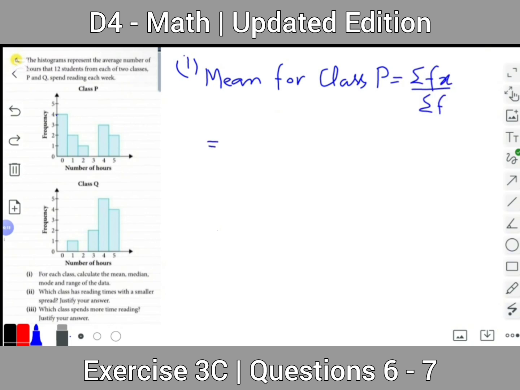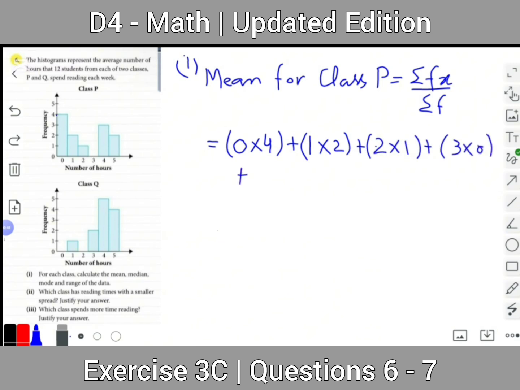Here summation fx means multiplying the data values with the corresponding frequencies: 0 multiplied by 4, plus 1 multiplied by 2, plus 2 multiplied by 1, plus 3 multiplied by 0, plus 4 multiplied by 3, plus 5 multiplied by 2, and divided by 12.